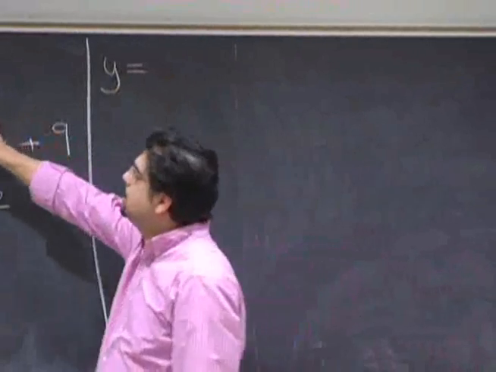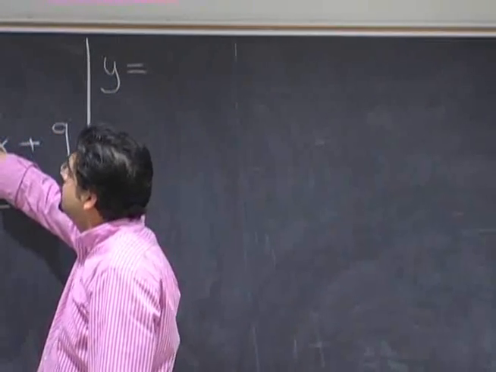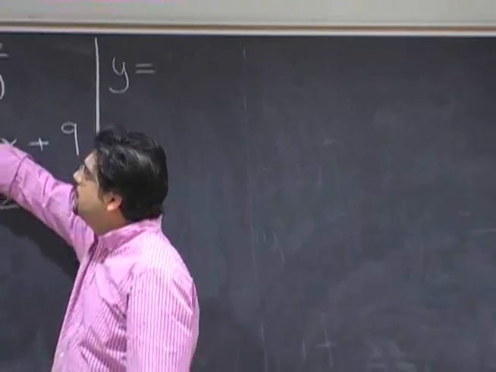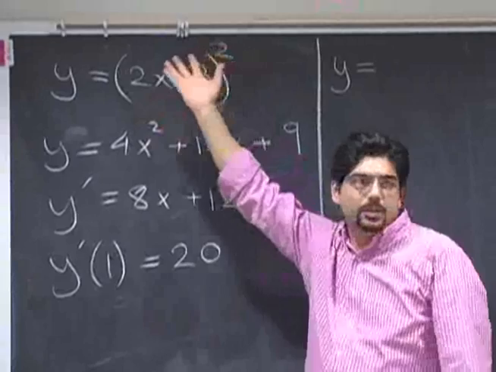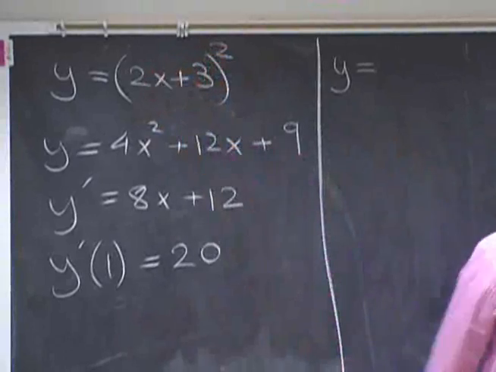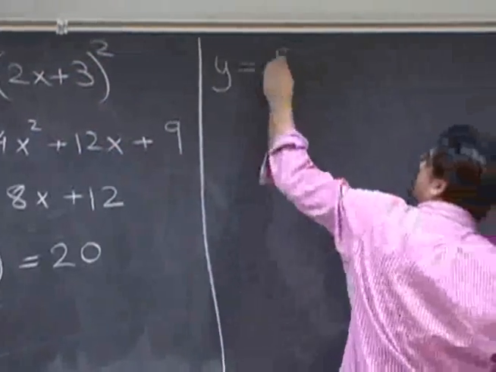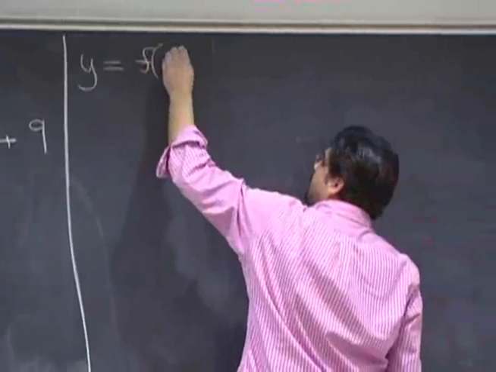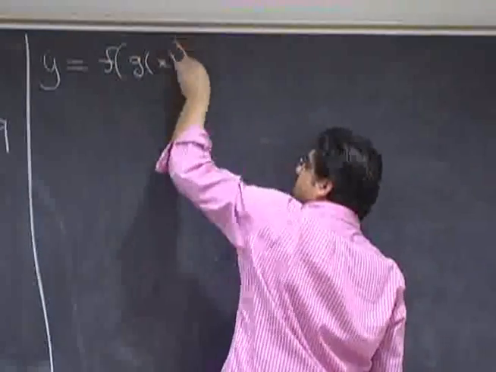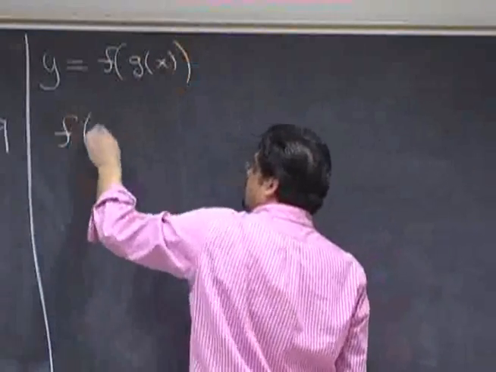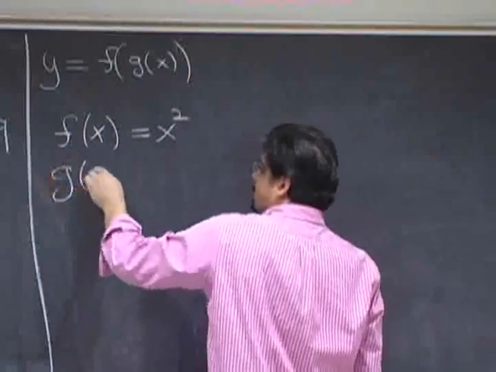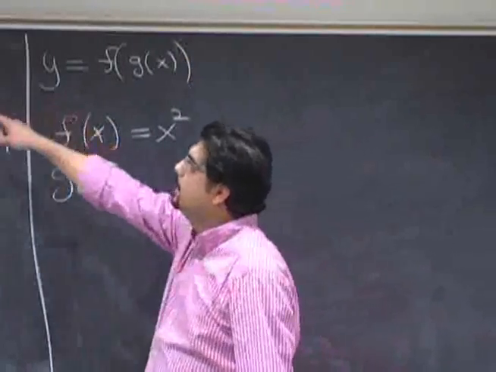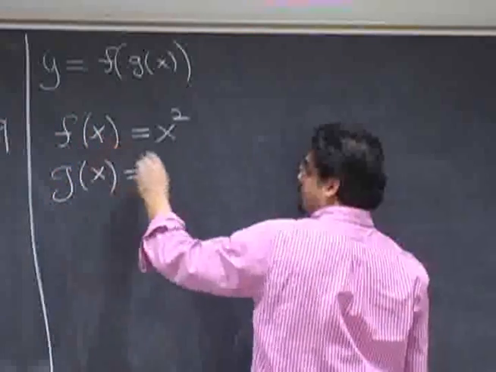Really, you can think of this as a composition of two functions. One of the functions being this 2x plus 3, and the other being a square function, right? So you can write this as f of g of x, okay, where f of x is x squared, and g of x is whatever's in the power, 2x plus 3.